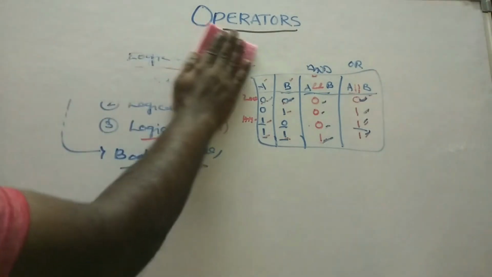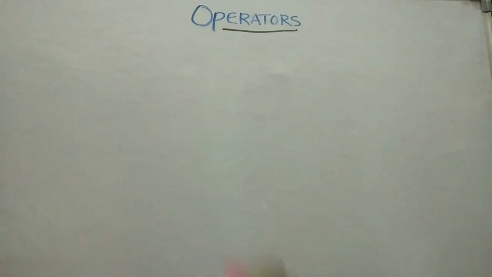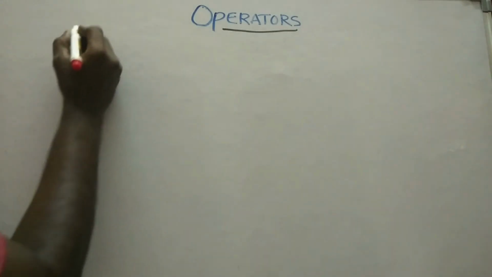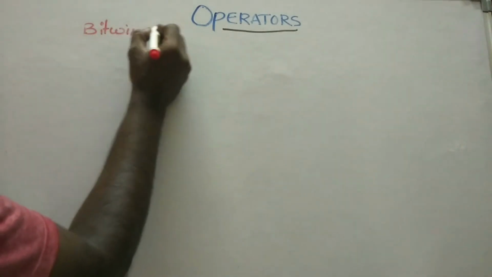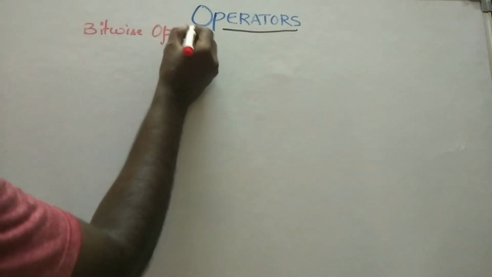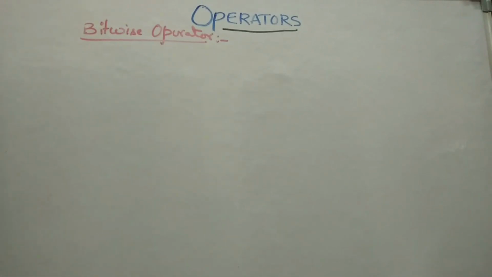Then the next one is bitwise operators. Very, very important is how we implement the bitwise operators. Where can we use the bitwise operators?